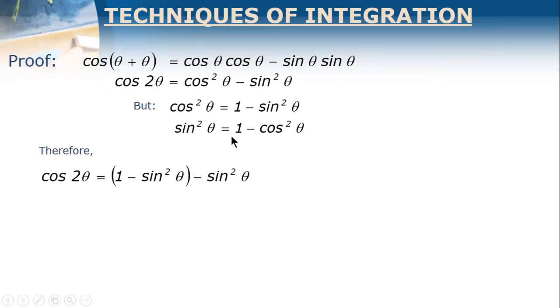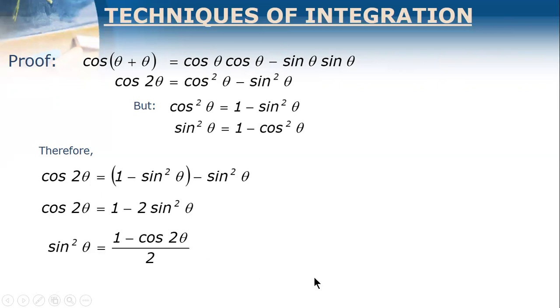Cosine squared theta will be replaced by this one, so cosine 2 theta will be equal to 1 minus 2 sine squared theta. If you solve for sine squared theta, transposing cosine 2 theta to the right side, you have this one: sine squared theta is 1 minus cosine 2 theta over 2.